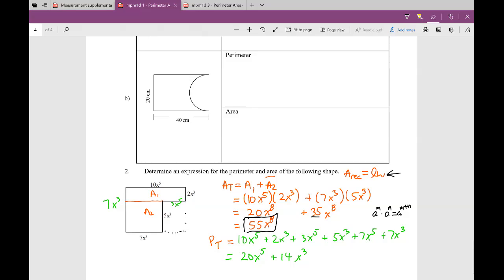But I'm going to do it the way most students will do it and add up all of the 6 sides of this composite shape. So starting at the 10x to the 5, and I'll highlight this hopefully in light blue.